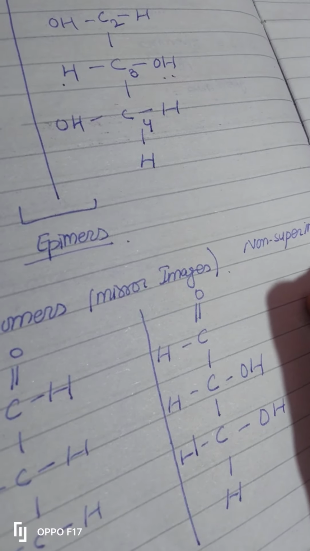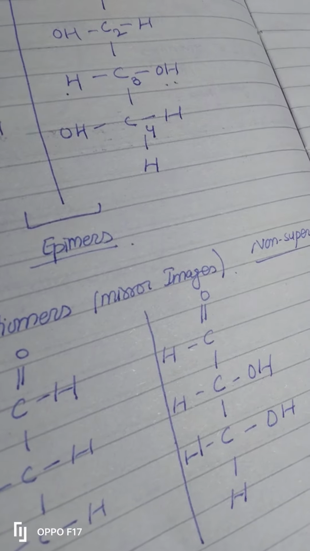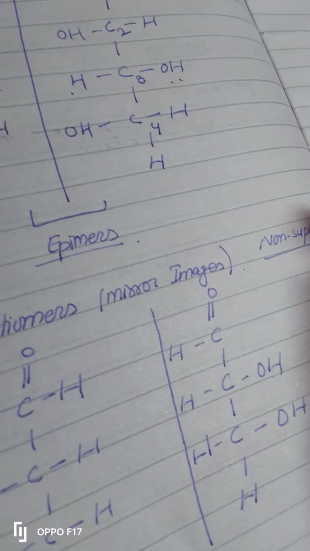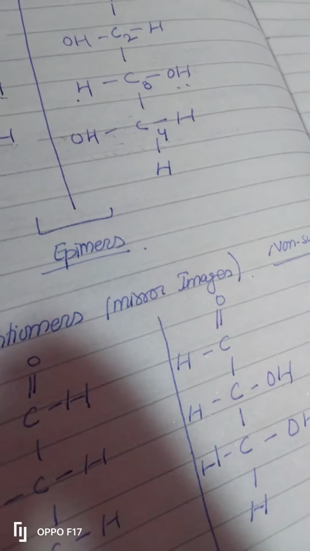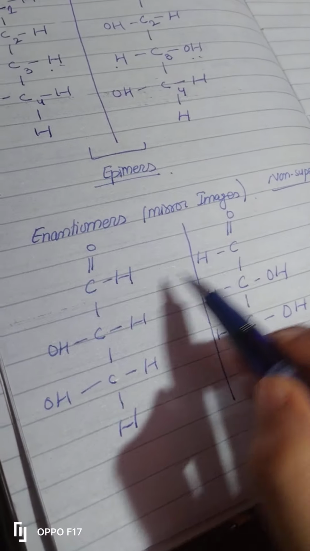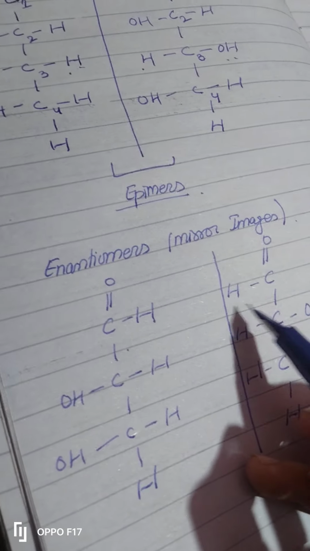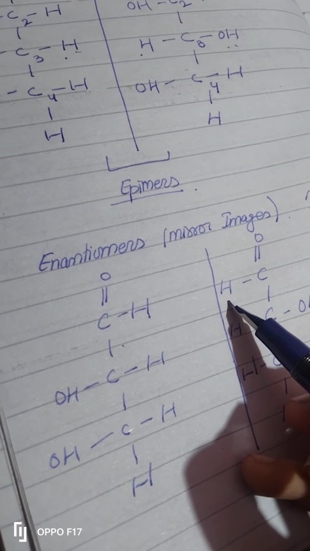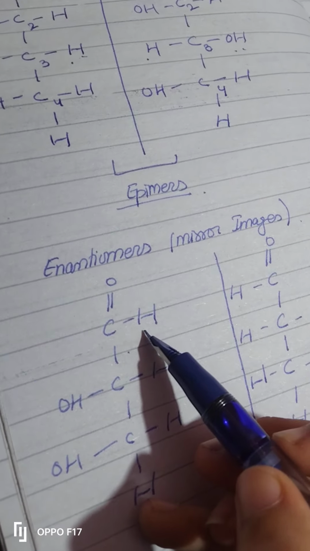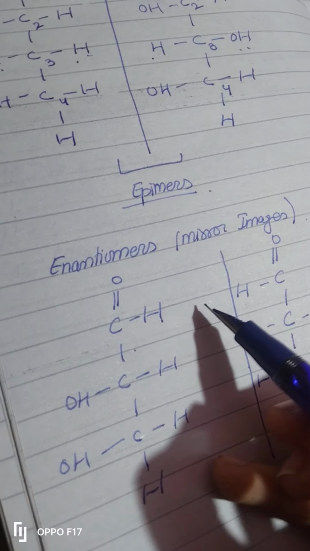These both are non-superimposable images, which means the compounds when placed on one another do not sit in the same position. For example, when you place this compound over this compound, you won't get the same position. Obviously not, because in this one the hydrogen is on this side, but in the other compound the hydrogen is on the right side.